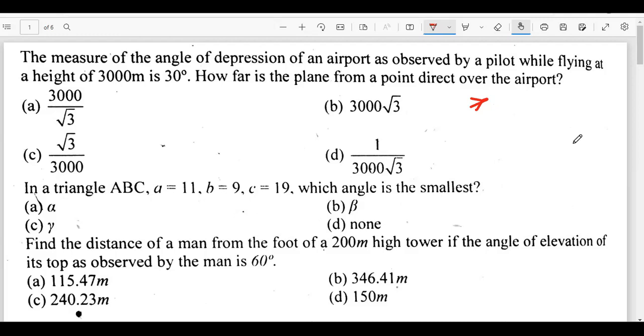So let's say this is the airport. They're talking about the angle of depression. Angle of depression would basically be, this is the line, this would be the horizontal line.